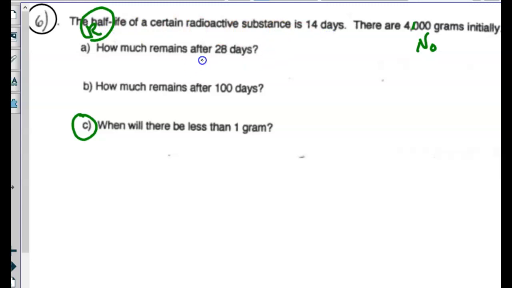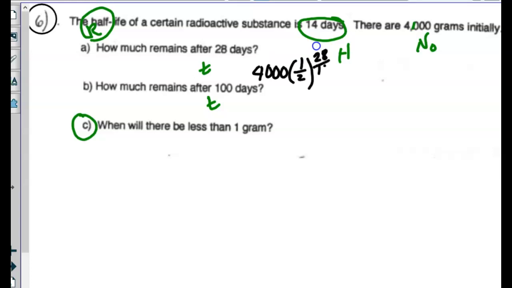What's T is whatever they gave us in the question for these two. But the H is the length of the half-life, which is 14 days. So for the first one, we put in 4,000 times 1/2, and it's 28 over 14.